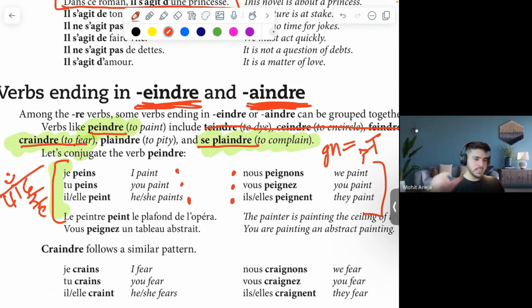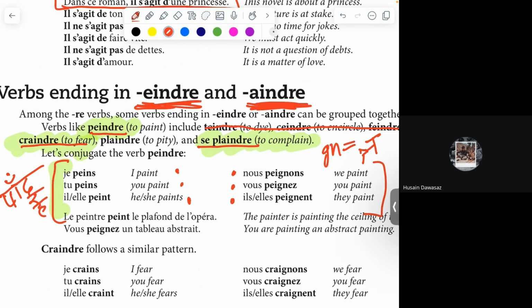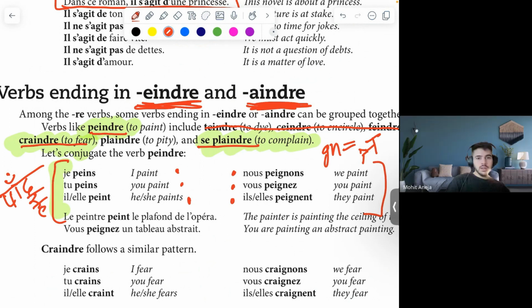Desika, can you just say the next 3? Just curious, in English it's verb plus ing, like I am painting. Is it the same in French? No, we actually don't have a continuous form in French at all.